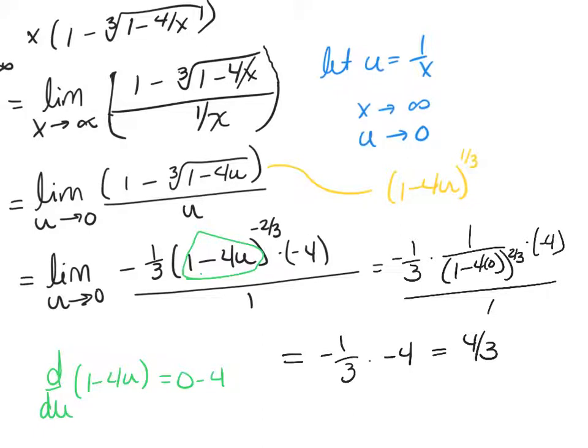Does that answer your question? Are we good? Yeah, I think the signs are right. So the other question was, why is this a negative 1/3? And that's because this is a negative out front to begin with.